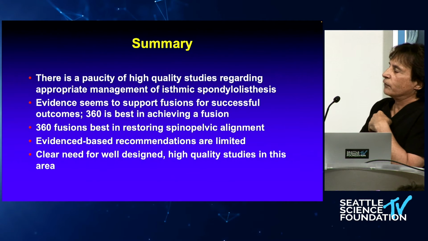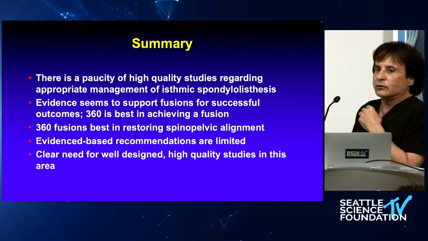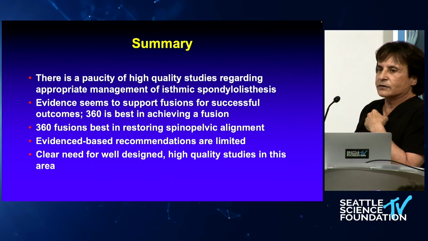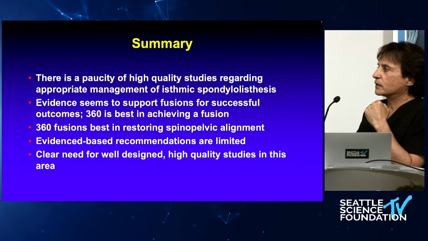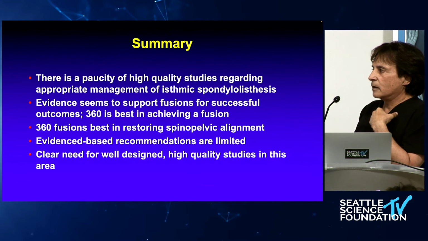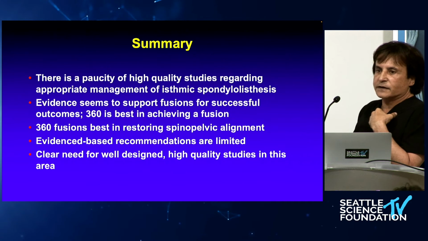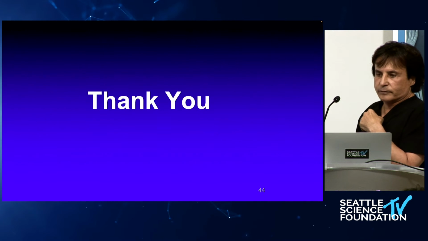Evidence seems to support fusions for successful outcomes. 360 is best in achieving a fusion, but we still don't know whether that affects long-term outcomes in patients. Evidence-based recommendations are limited, and there's a clear need for well-designed, high-quality studies in this area answering these specific questions. Thank you.